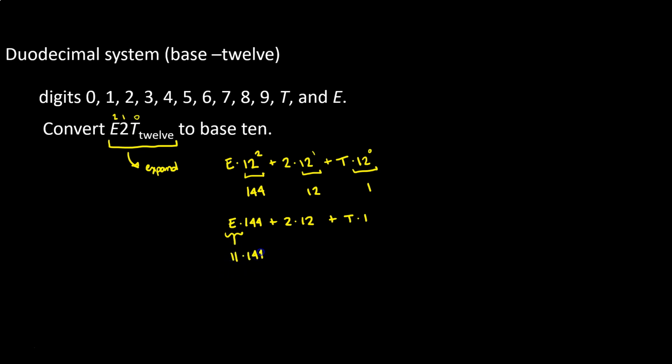And I can also replace the T with what we use in base 10 to represent 10. And then from here, it's just calculator work. We'll type in 11 times 144 plus 2 times 12 plus 10 times 1, and we get to the base 10 numeral, 1,618.